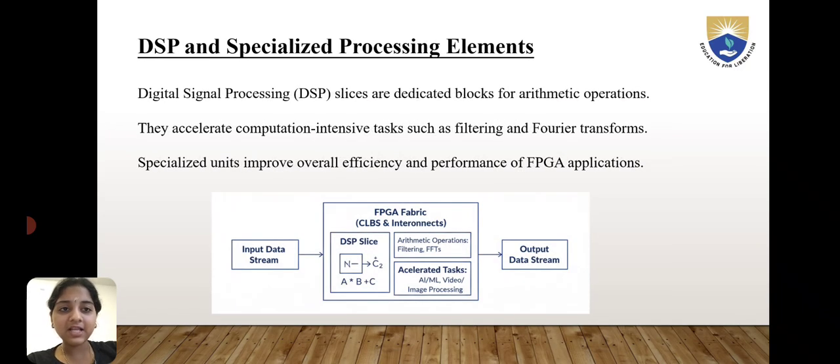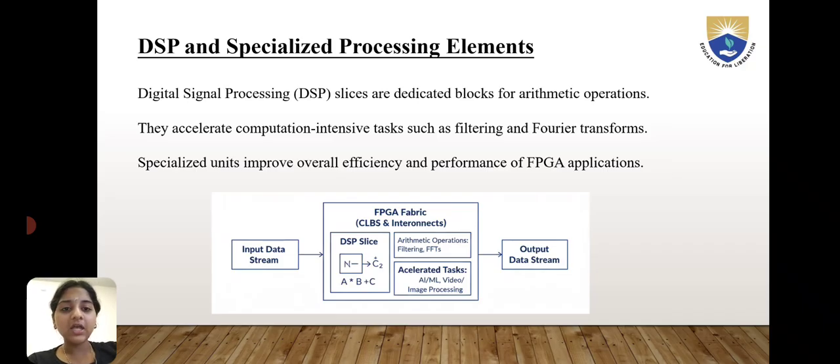DSP and specialized processing elements. DSP abbreviation is digital signal processing. Digital signal processing slices are dedicated blocks for arithmetic operations. They accelerate computation intensive tasks such as filtering and Fourier transforms.